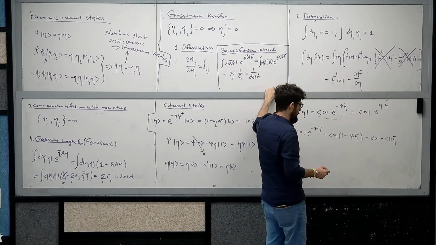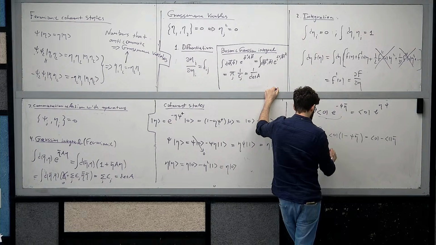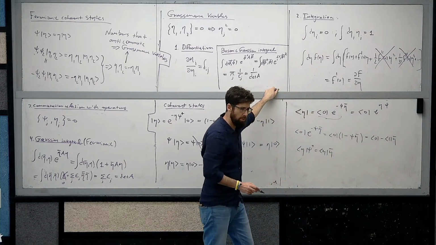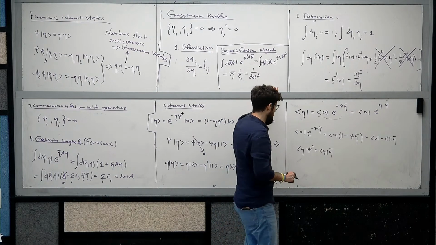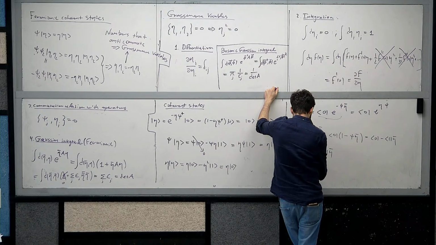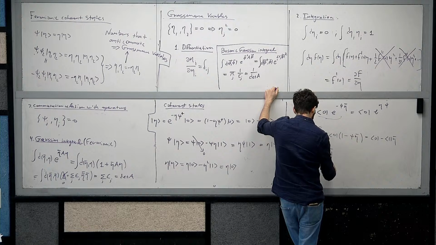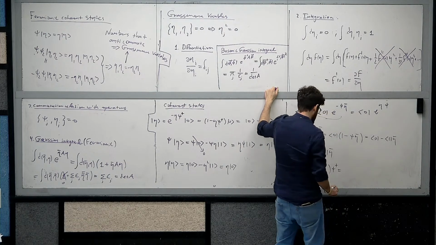Now let's act on that with psi dagger. What we demand is that psi dagger eta will be equal to eta bar. That's how we define it. So on one hand, if I act, I write <0| minus <1| eta bar times psi dagger.